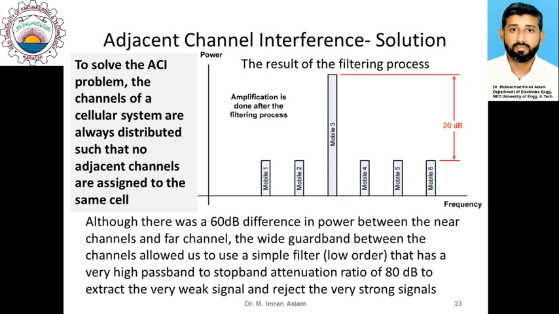So eventually the overall effect of the adjacent channel interference gets reduced. This is the solution to adjacent channel interference, by properly assigning the frequencies in the cluster environment, and by that we can get control over the adjacent channel interference as well.